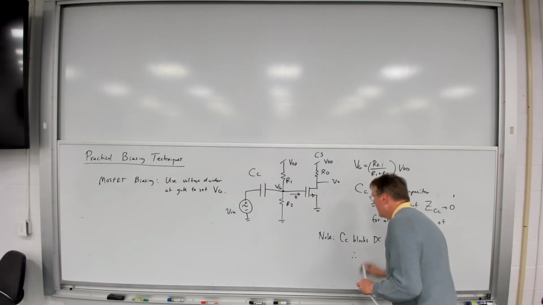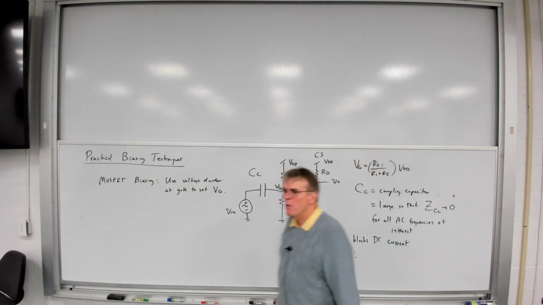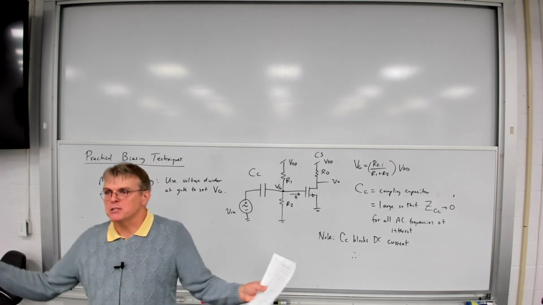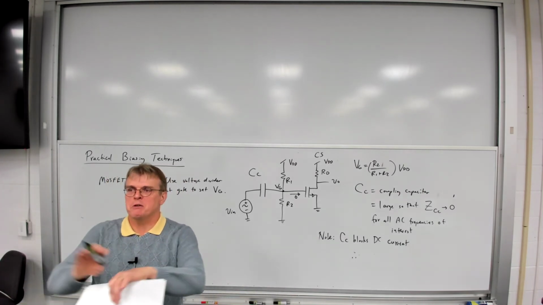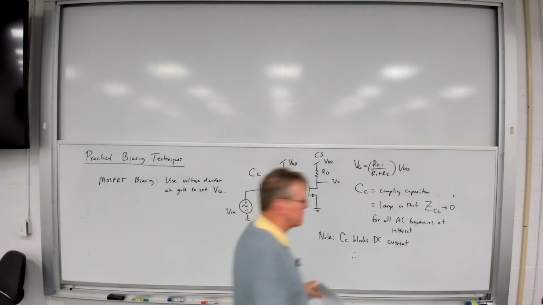Therefore, adding the input source and the capacitor has no effect on the DC bias. That's the beauty of using the capacitors. We can use that to separate our DC and our AC circuit topologies, make them different.